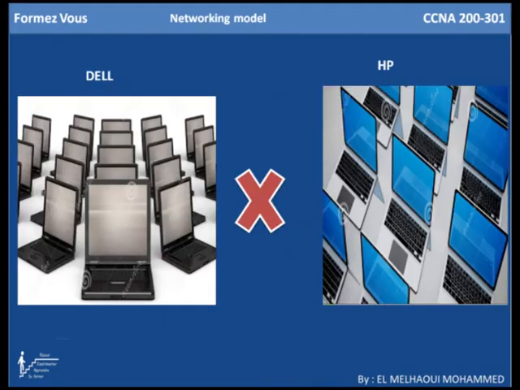Therefore Dell computers could not communicate with HP computers, and Nokia could not connect directly to other brands of computers. As a result, if your company bought computers from 3 vendors, network engineers often had to create 3 different networks, based on the networking models created by each company, making the combined networks much more complex.